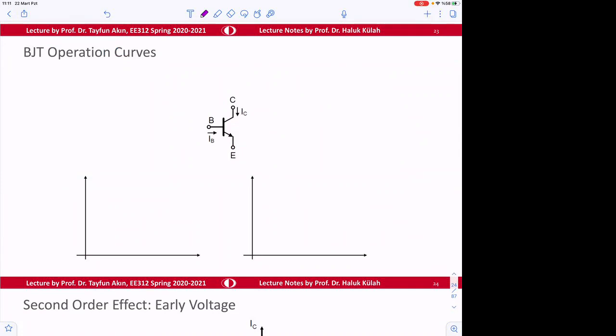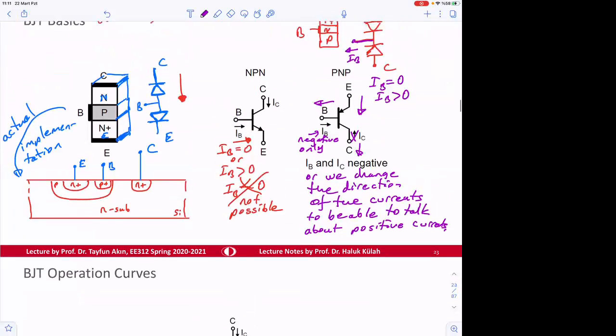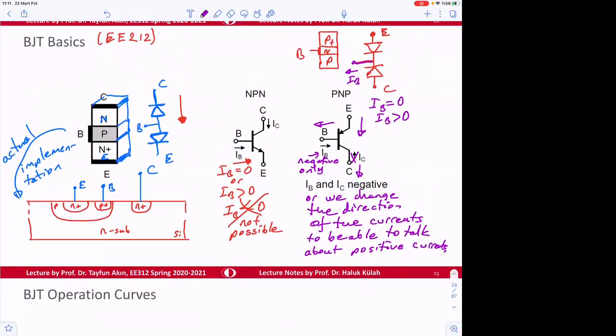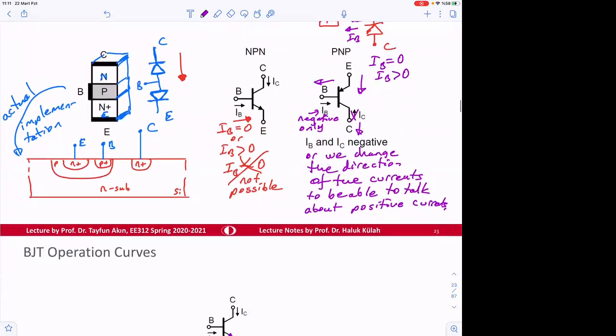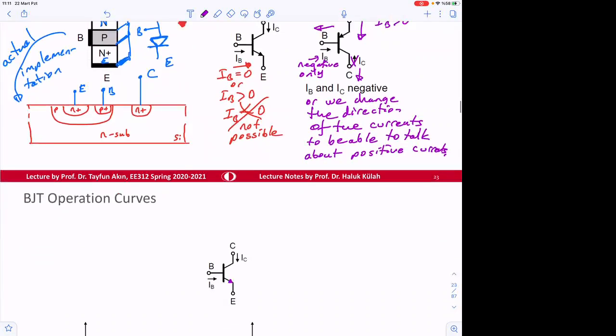We'll be modeling this device. So this is the normal BJT, and we define the emitter current in this direction, and the collector current in this direction. The way the device operates, I think you learned the basics for this, and we will not go into these basics.